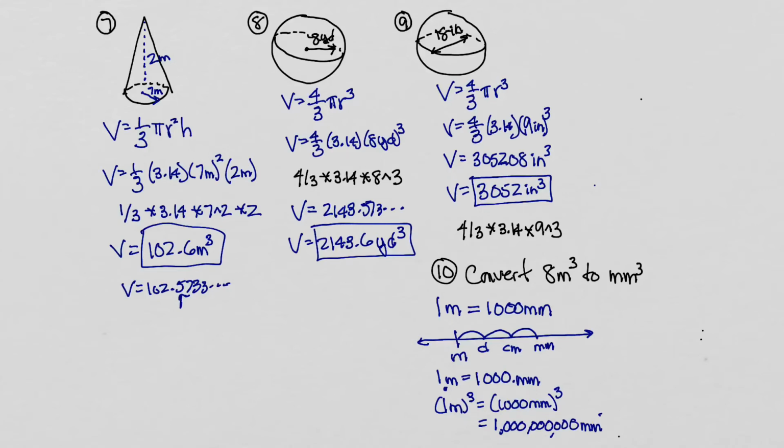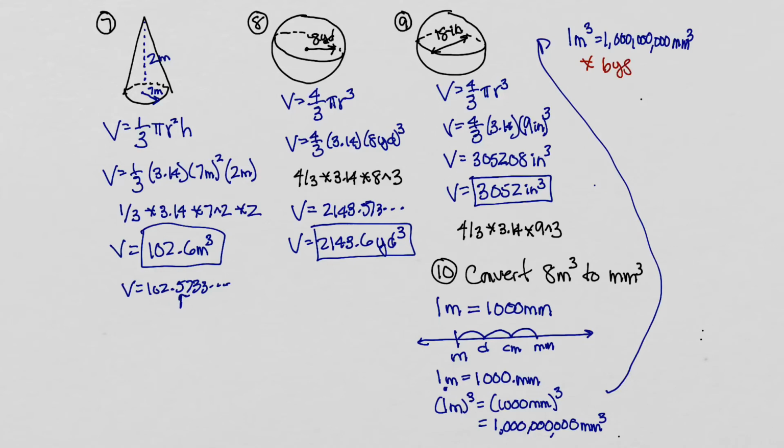cubic millimeters. So I'm going to do this up at the top. I kind of squeeze this in here. Here's where we are. We're at 1 cubic meter is equal to 1,000,000,000 cubic millimeters, but we want 8 of these. So let's just multiply both sides by 8.